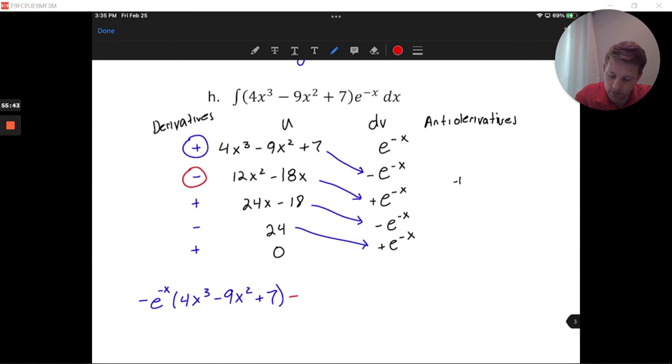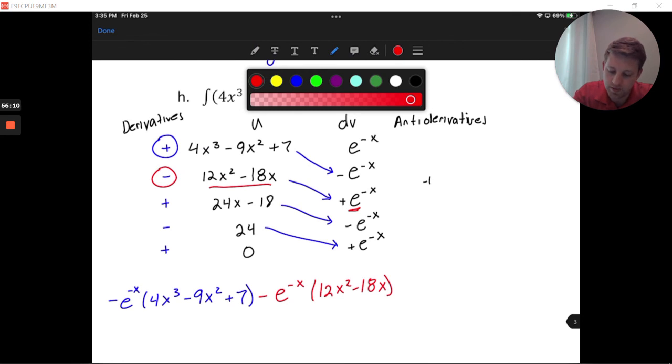We'll have, again, an e raised to the negative x term. And we have our 12x squared minus 18x. So the product there is going to be negative still, since we have a positive product, and then we need to tack on our negative sign.